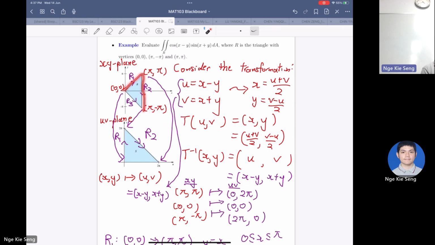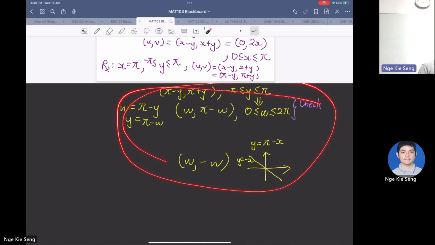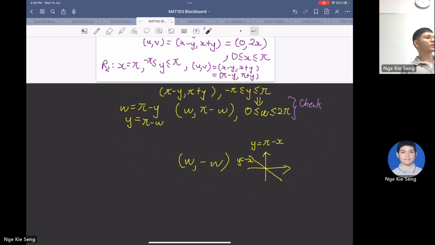So you need to check what happened to all these boundaries, and then check what happened to the points inside. There's something to check here or something to see here.